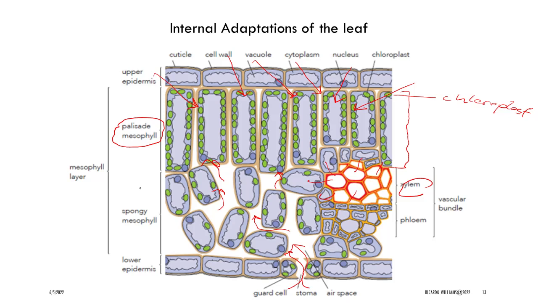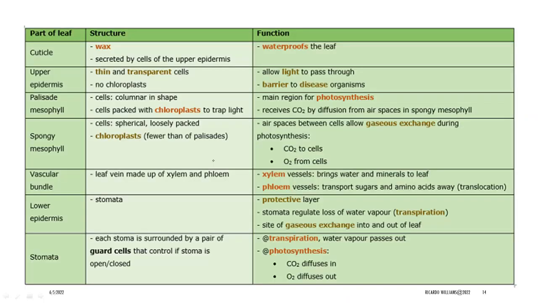Unlike that, the spongy have more space between them. So if the palisade was organized like the mesophyll, then some light would escape. But because the palisade is so structured and organized, no light will escape. So that's the main structures and how they actually help to facilitate the process of photosynthesis.